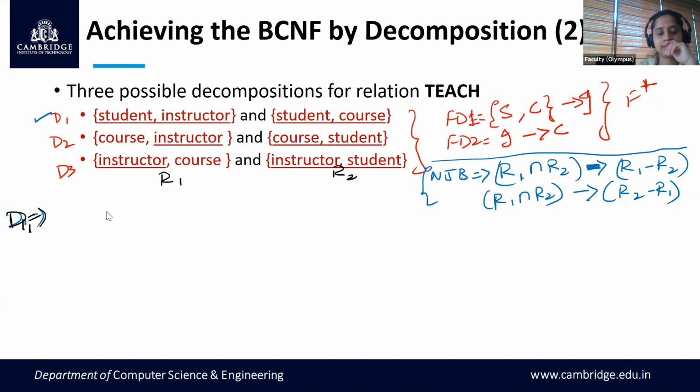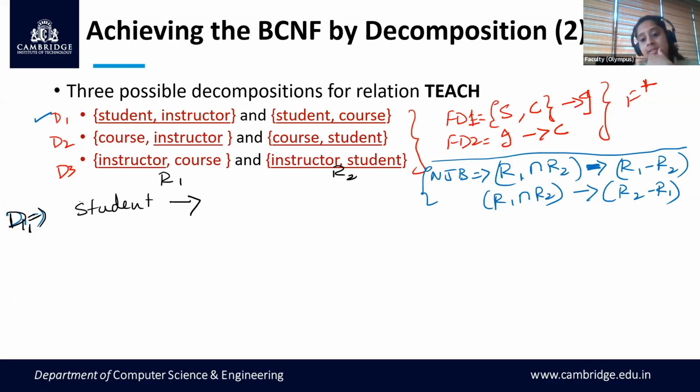So only Manoj is listening to the class? Yes, common attribute, obviously, common attribute. Okay, good. So what is R1 intersection R2? Student, common. So student functionally determines, what is my next rule? R1 minus R2.